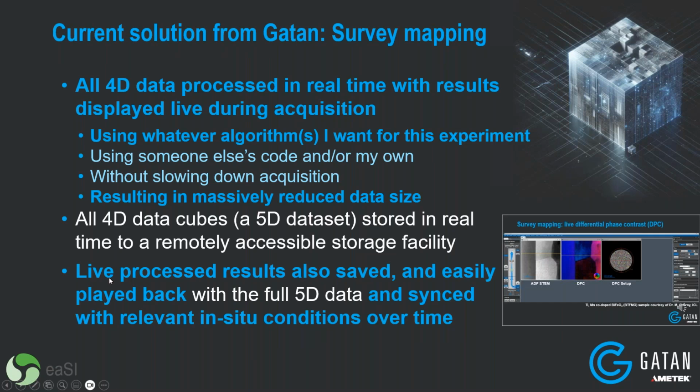We do enable you to save these live processed results, as I'll show in the next few slides, and we can easily play these back and synchronize them with the in-situ conditions over time, as you'll see.